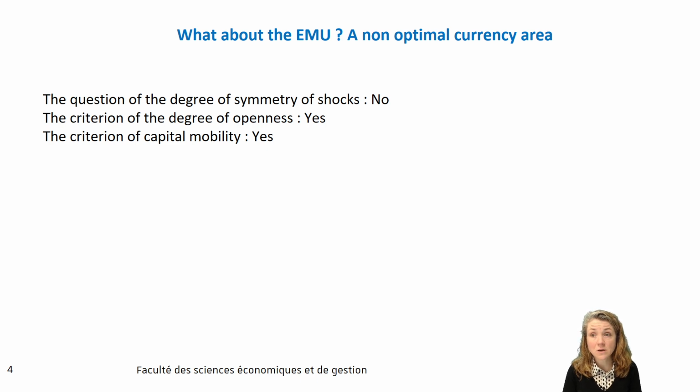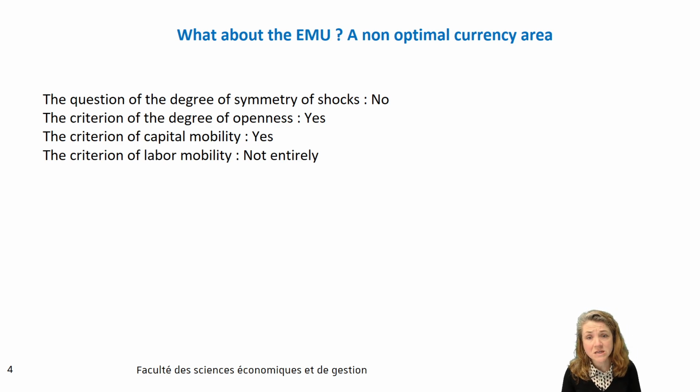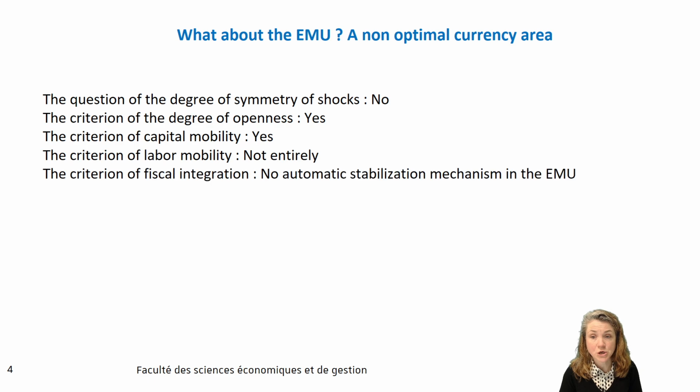It could be a really interesting tool for stabilizing asymmetrical shocks. But it's not really the case for labor mobility, because some kinds of barriers continue to exist: language barriers, non-transferability of social rights. That's why labor mobility is not completely full in the European Monetary Union.